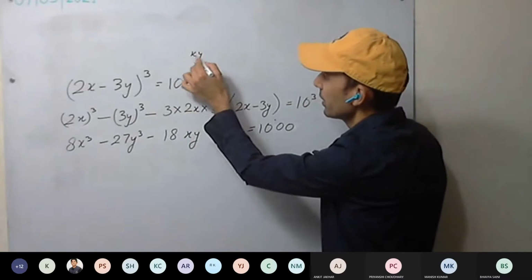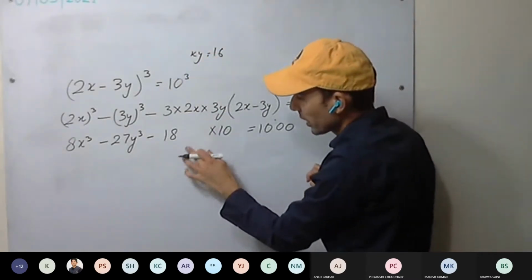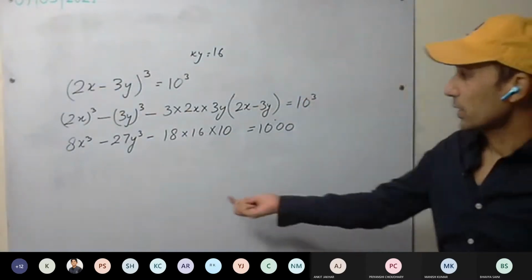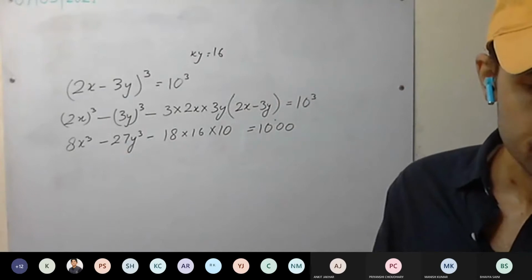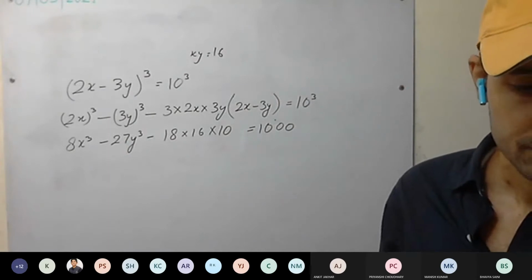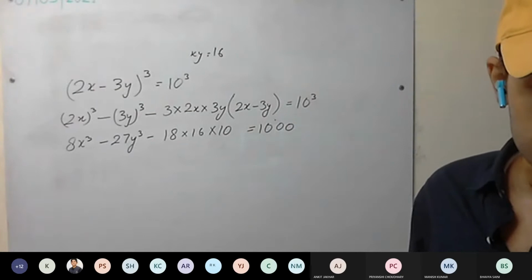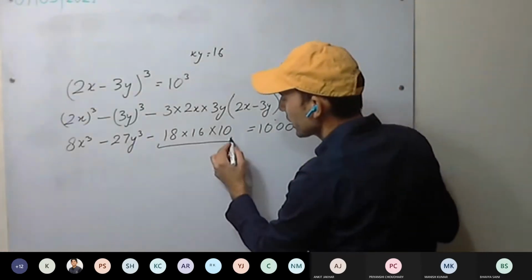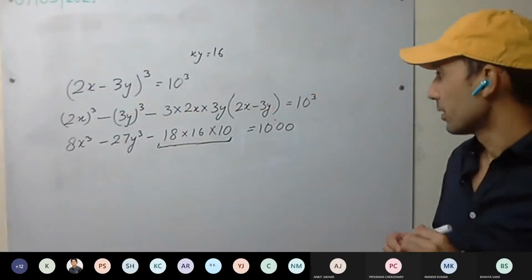Now in the next step, xy I can put, it was given 16. I can put that one into 16. Now you can solve. What value have you got? How much is it coming? 2000 something.